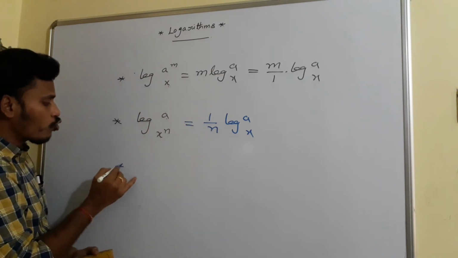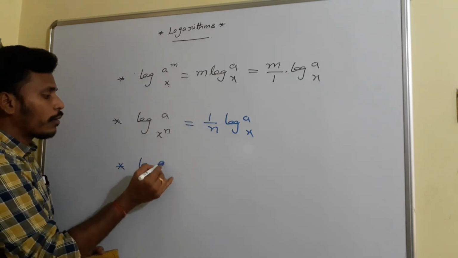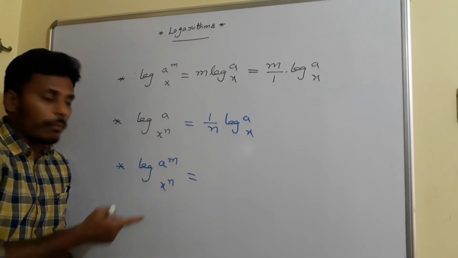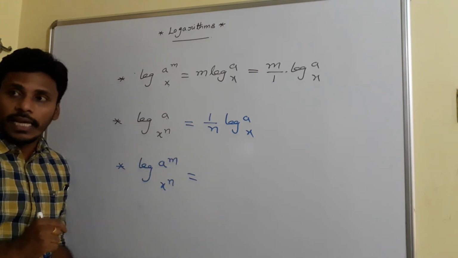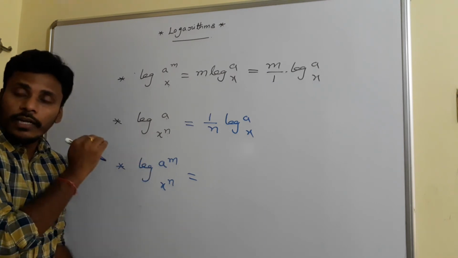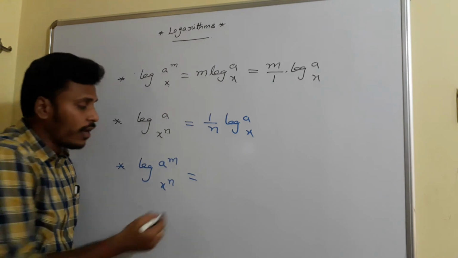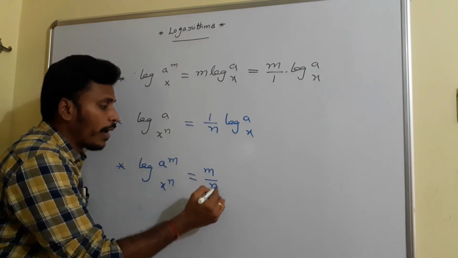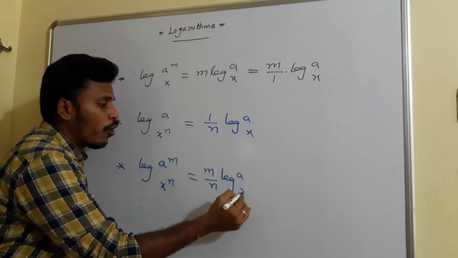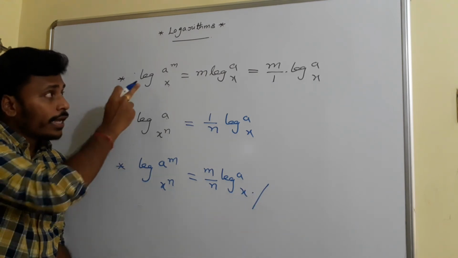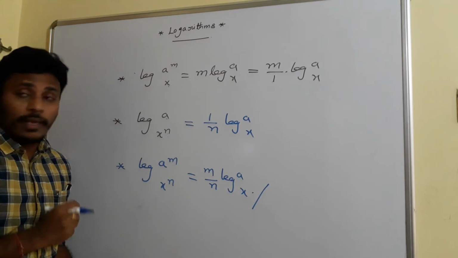By combining these two, I have one more law that logarithm of a power m base x power n is equal to, see, the powers are there for both the numbers a and x. Send this m out, it becomes the numerator. Send this n out, it becomes the denominator, and this is equal to m by n into logarithm of a base x. See how it is. Log a power m base x is m log a base x.